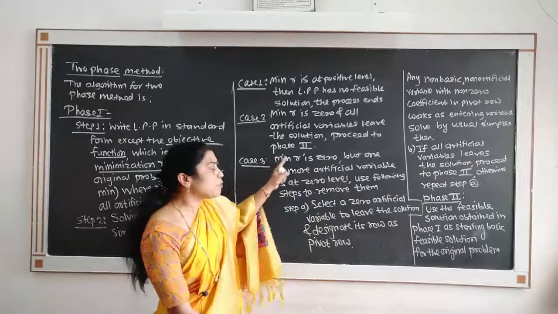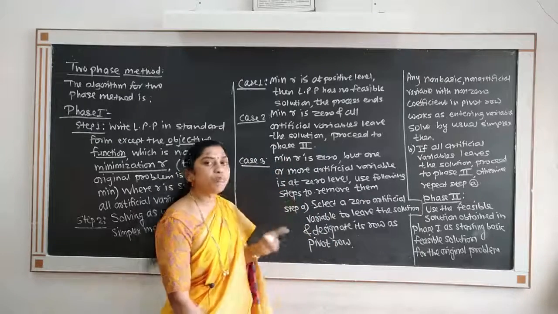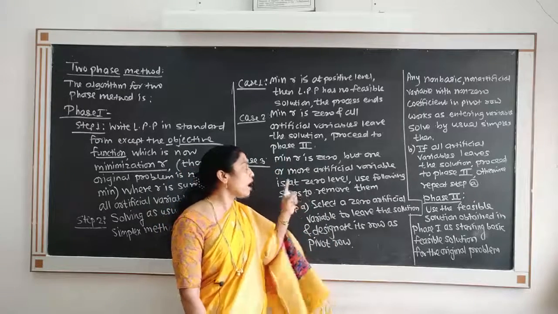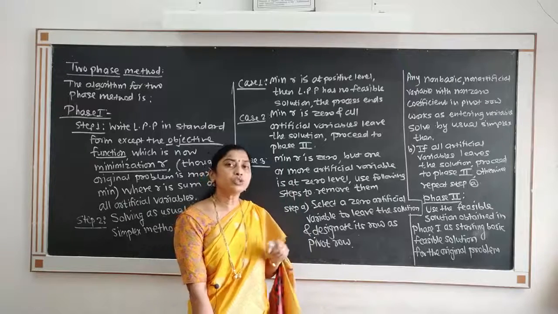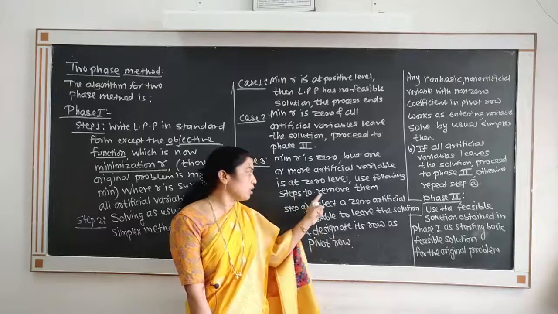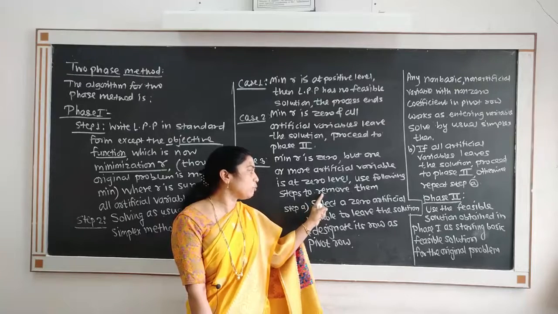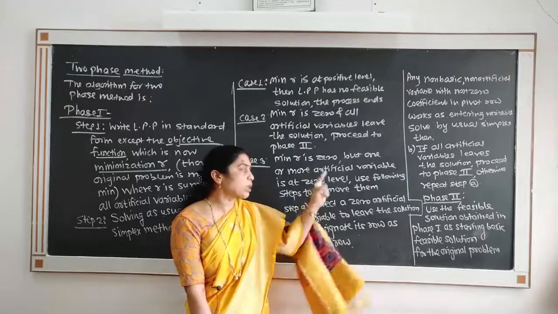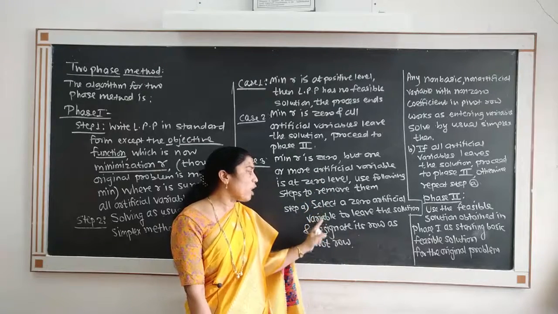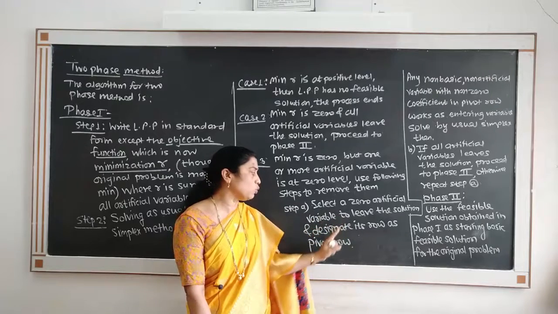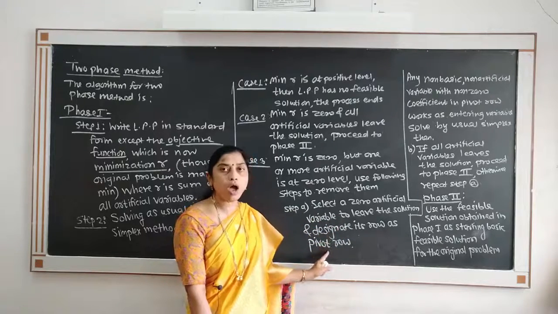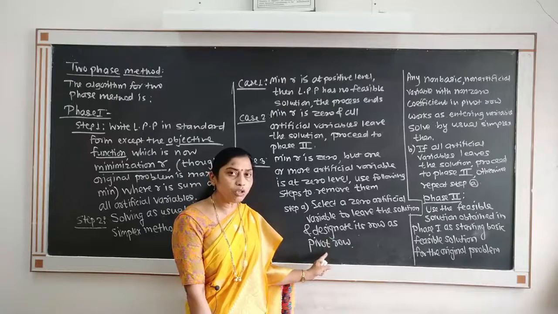In case if minimum R is 0 but one or more artificial variables are at 0 level, they should be removed, and therefore there are two sub-steps. Select 0 artificial variable to leave the solution and designate its row as pivot row. So which is pivot row now?